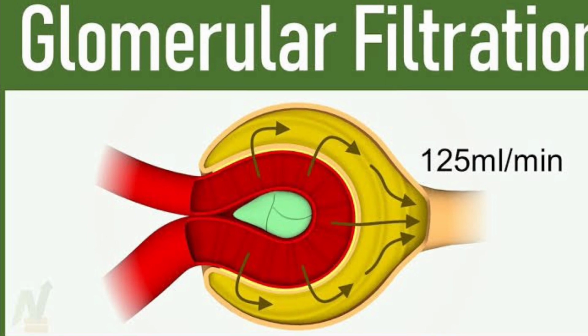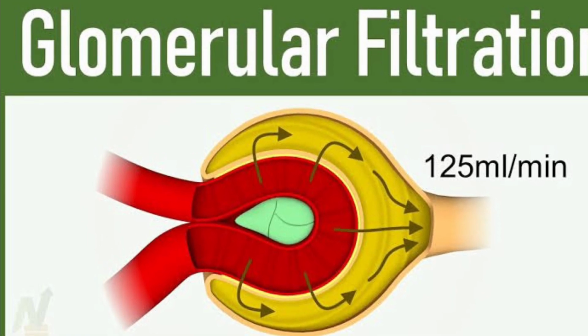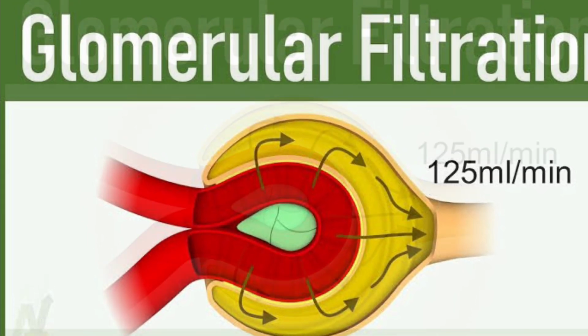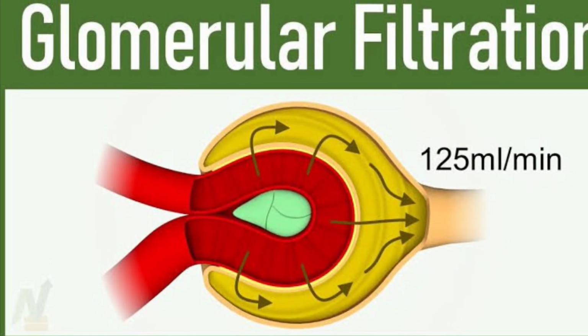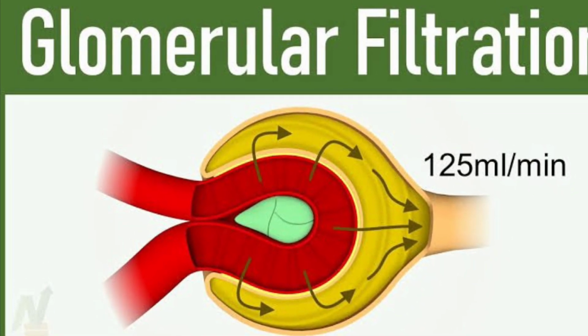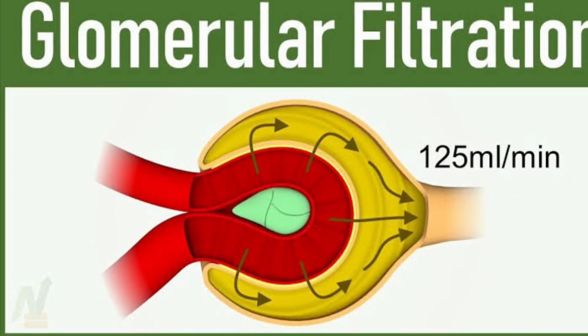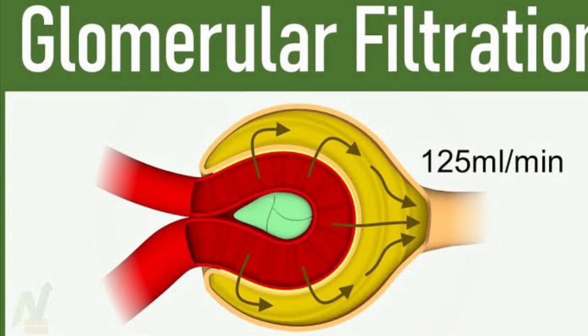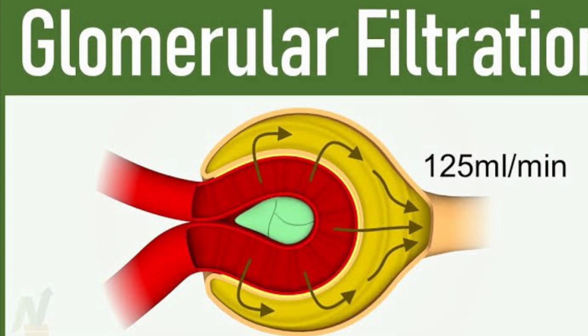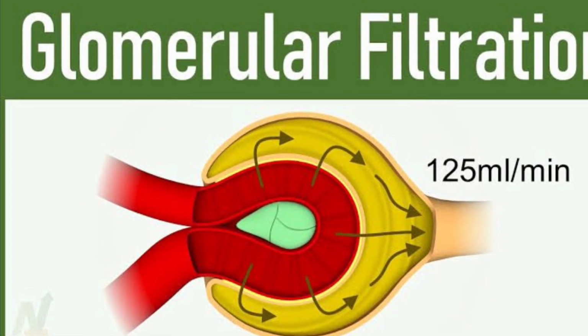The fluid in the capsule which is obtained by this process is termed glomerular filtrate. In man, the glomerular filtrate is about 125 ml per minute. Therefore, in 24 hours, the total volume of the glomerular filtrate is 170 to 180 liters.